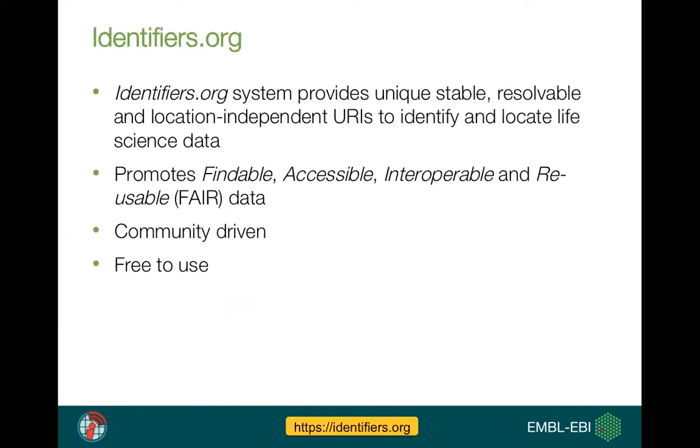So the Identifiers.org system provides a way to create and resolve these compact identifiers. We also promote FAIR data, and it is a community-driven project, which means all the resources that we have added into our registry have been requested by a user, and it is also free to use.